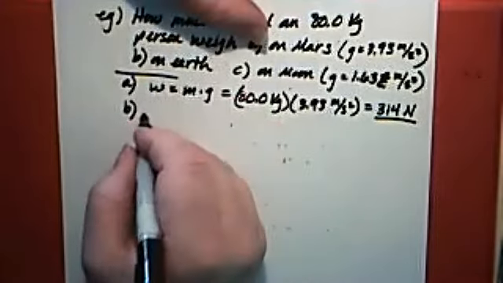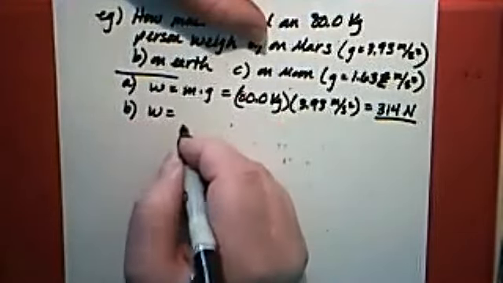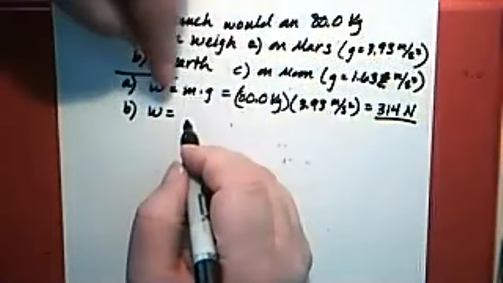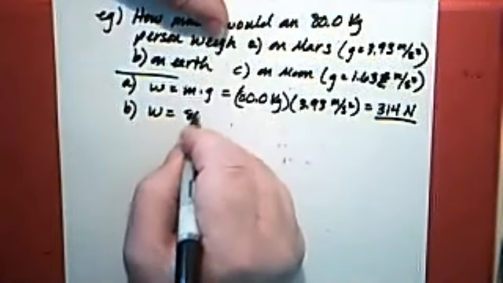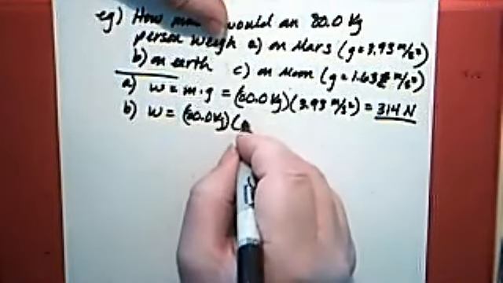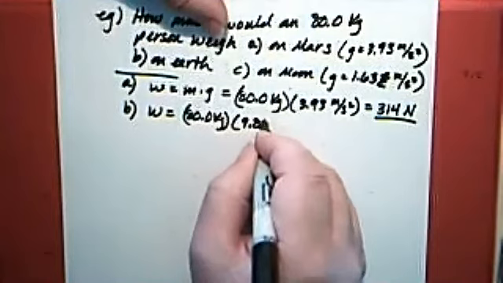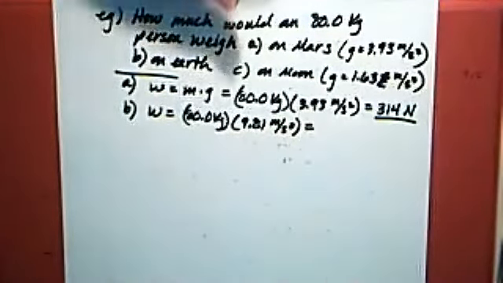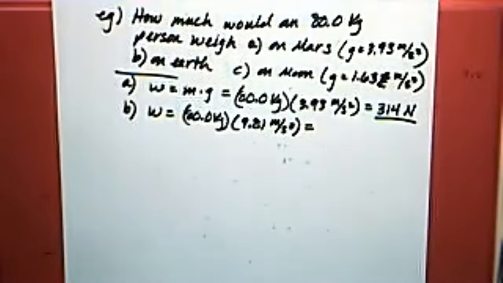B was on Earth. Actually, on Earth, there are a couple different ways you could do this. First of all, using weight equals mass times gravity. It would just be 80 kilograms times 9.81 meters per second squared, which is the acceleration due to gravity on Earth.